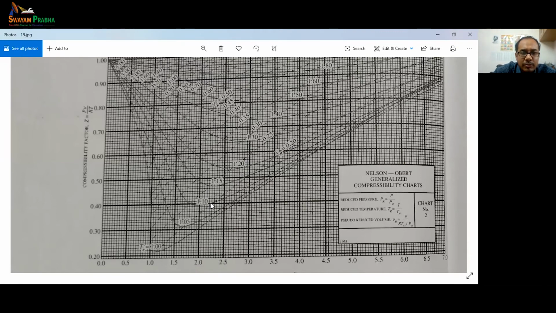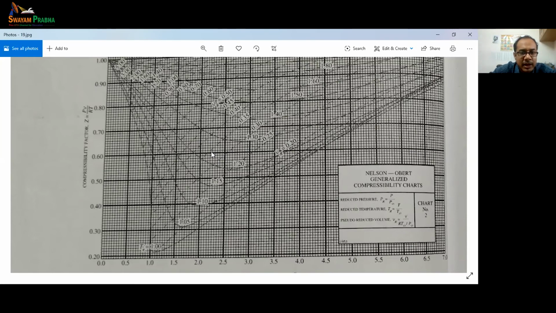And TR is 1.22, so again it will be somewhere between 1.2 and 1.3. You have to interpolate, of course, and use your judgment. It cannot be 100% accurate, but in this ballpark you need to find the ZR.